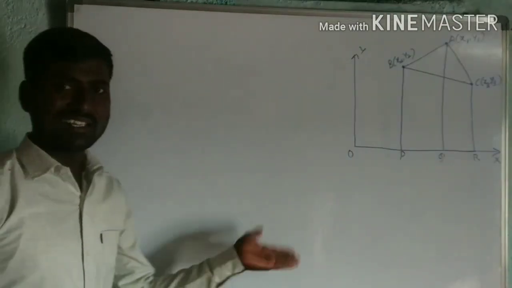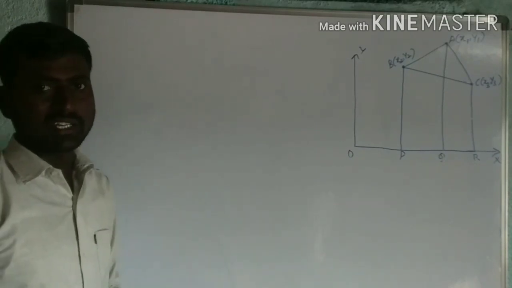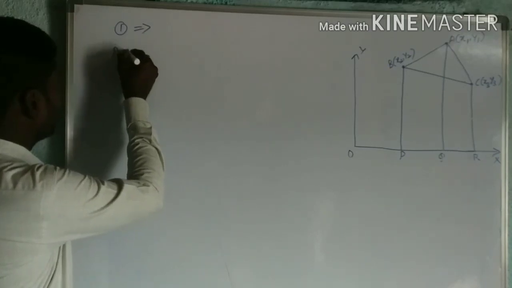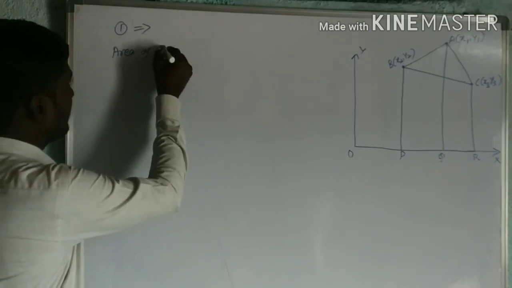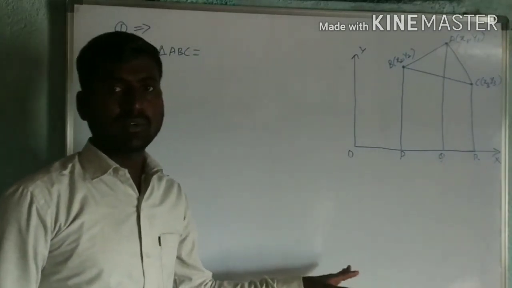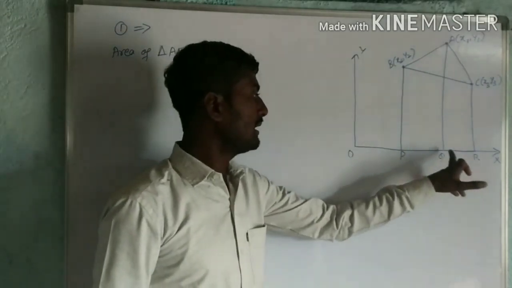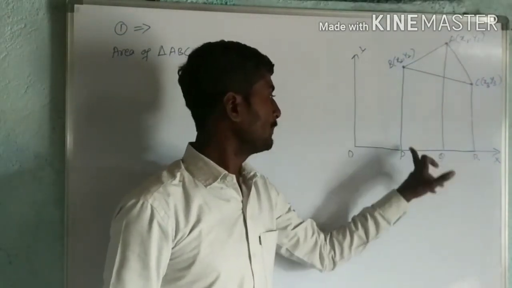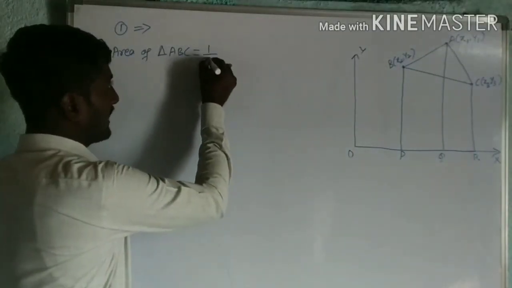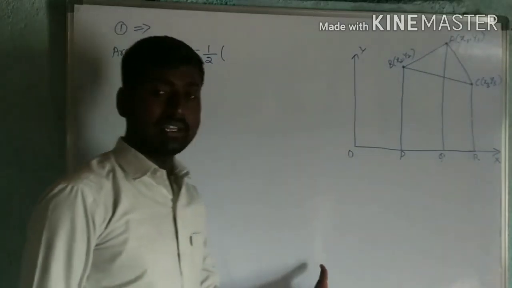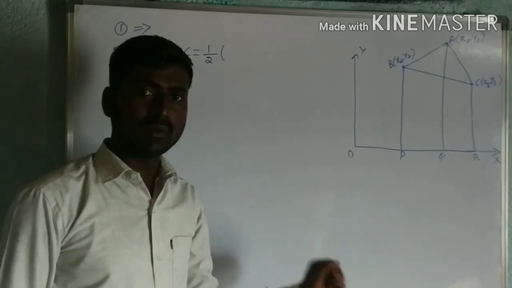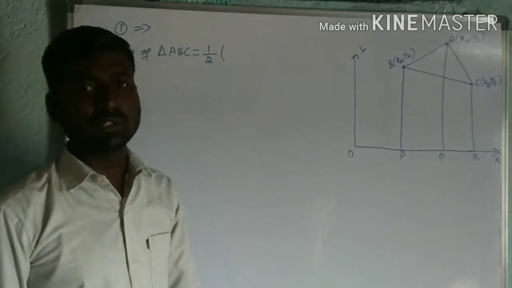Equation number 1 implies area of triangle ABC is equal to area of trapezium BPQA, which is 1 by 2 into the sum of the parallel sides into the distance between the parallel sides.